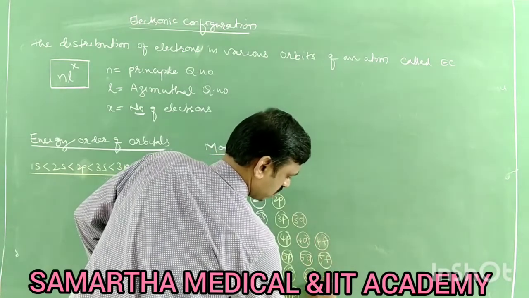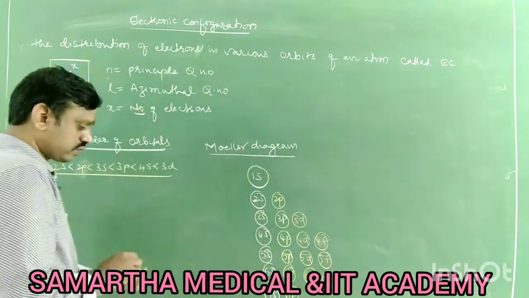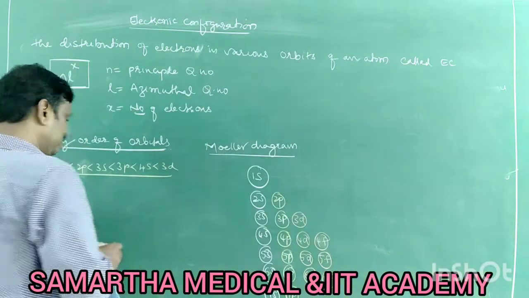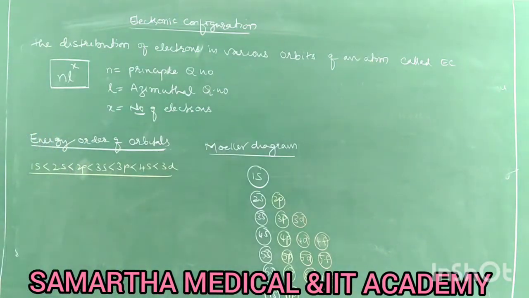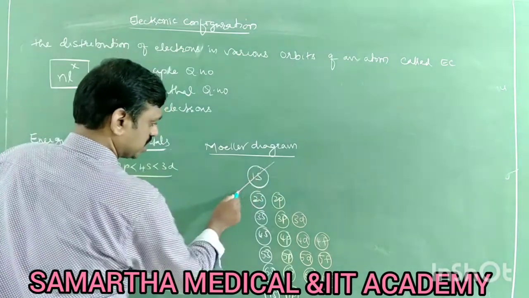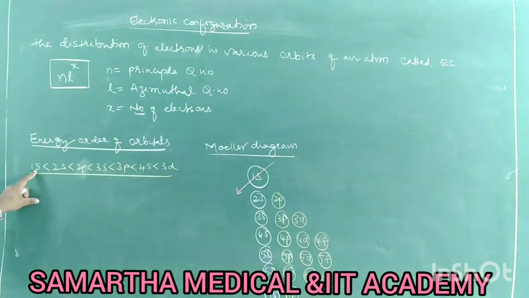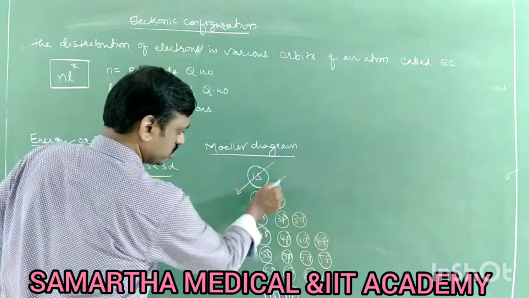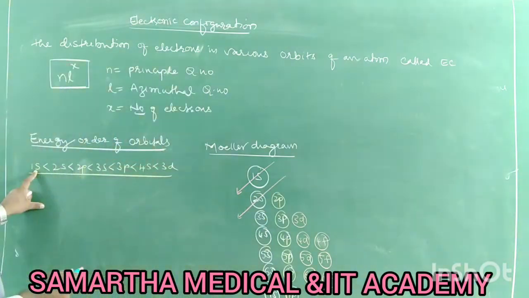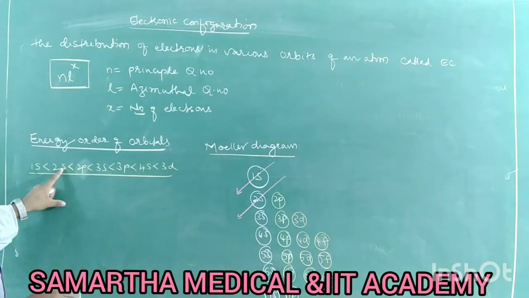Now the first electron enters the lowest energy orbital, that is 1s. 1s has the least energy. After 1s, the electron enters 2s.